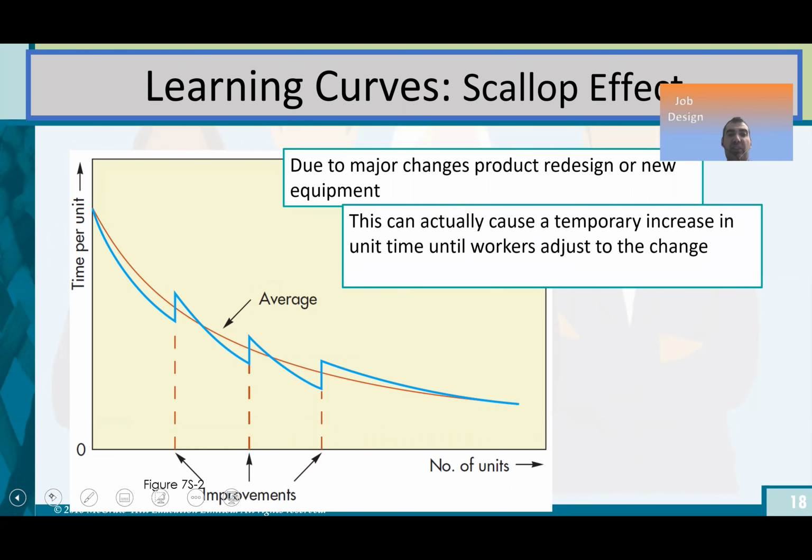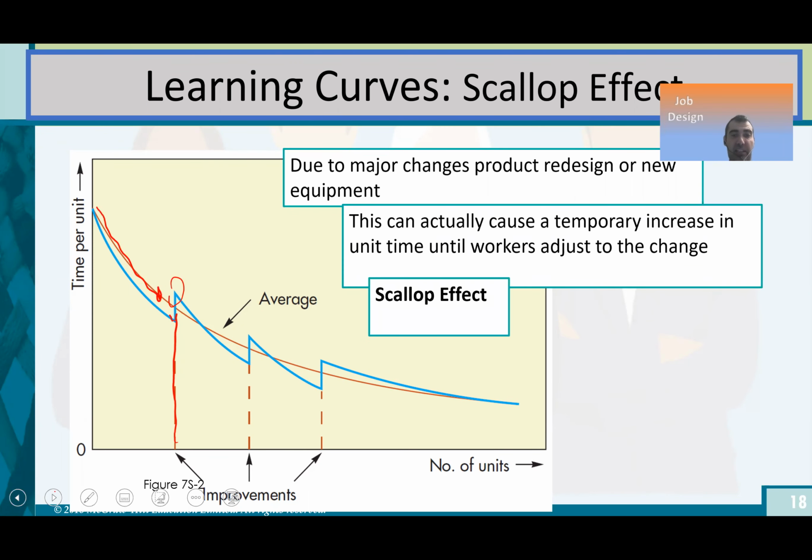So this is the curve. When you're first learning something, you get to a plateau where your learning has been maximized, and then a change happens, maybe an improvement. We see this, for example, when the IT system changes. You're working on a job and the IT system that you use changes, so you end up trying to learn this new system, and you get a new learning curve.